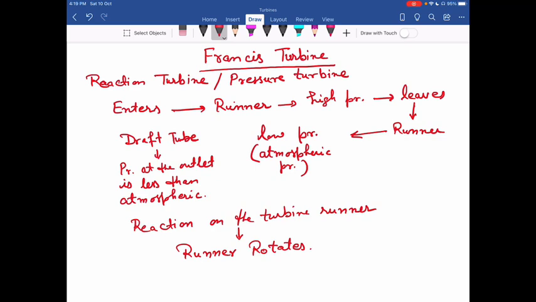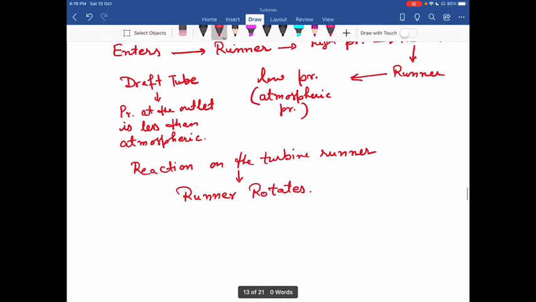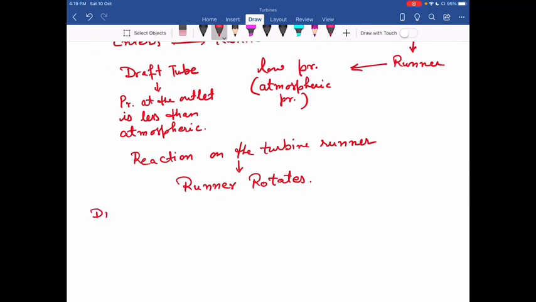Now the difference of pressure, that is from the higher side to the lower side, that difference of pressure we call as reaction pressure.